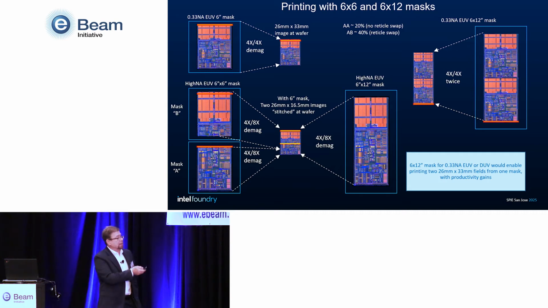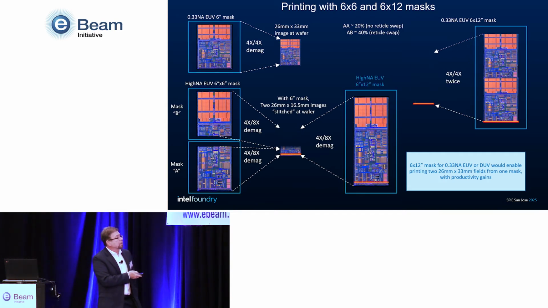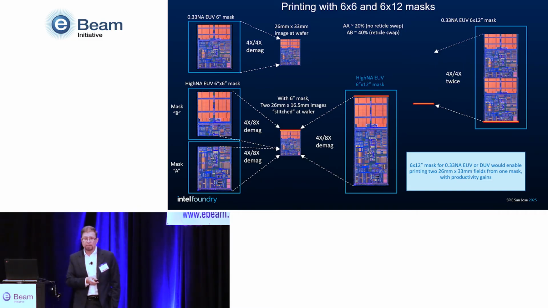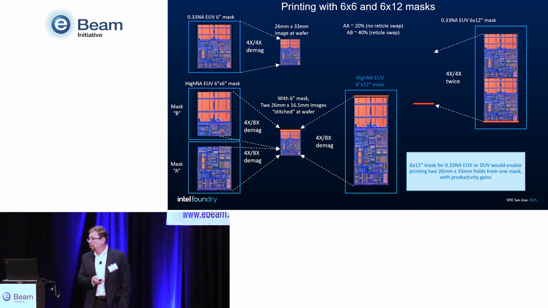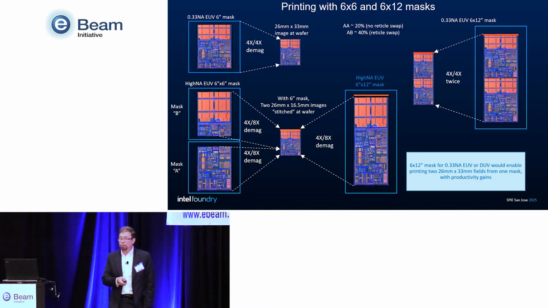When we succeed in making 6 by 12, then the exposure would look something like this. And now the entire chip is scanned in one mask. And like I said, this can be propagated to the 0.33 NA, and you improve the throughput there as well. And that will give you 2 instances on the same mask, and that increases the throughput.